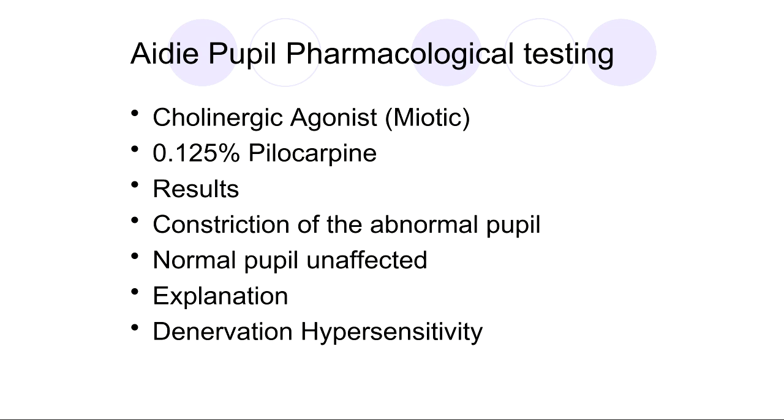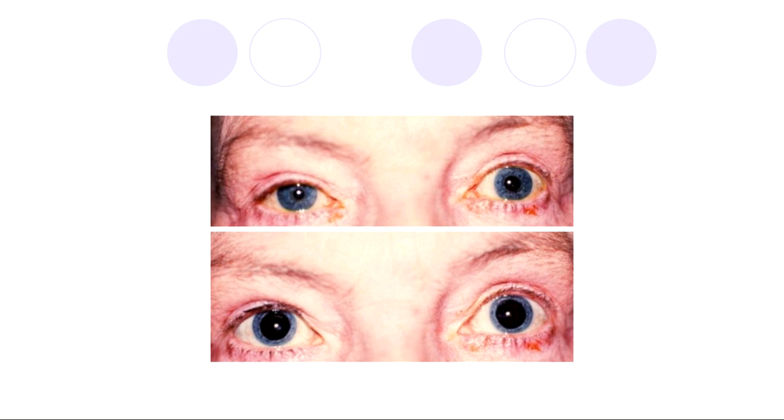Now, let's go back. There's something I should tell you guys. I said it before, but let's just remind you. If you're seeing anisocoria, but you weren't looking closely enough to see the mild ptosis of the lid, before you do the cocaine test, you can look at the pupils in different lighting conditions.